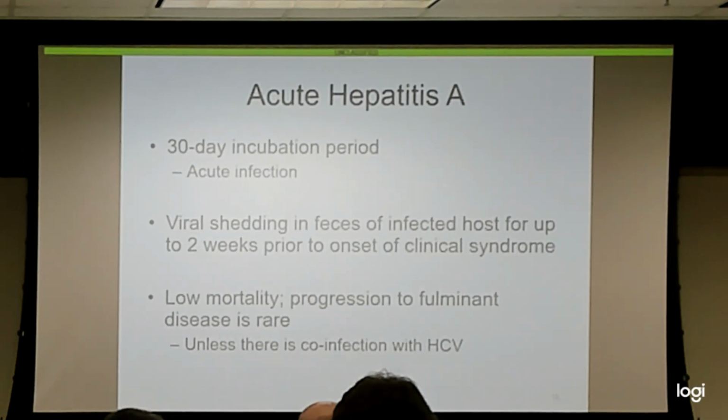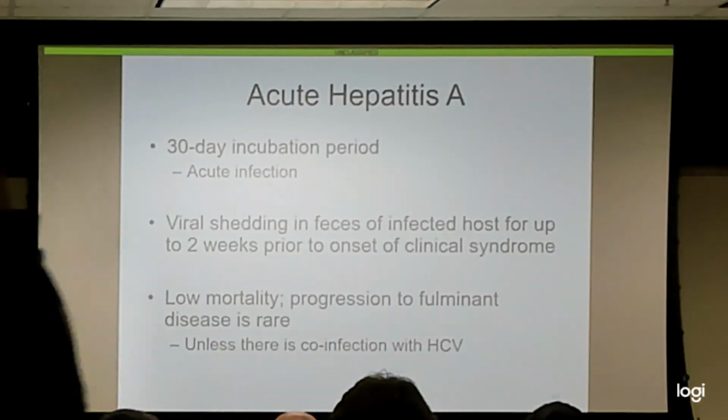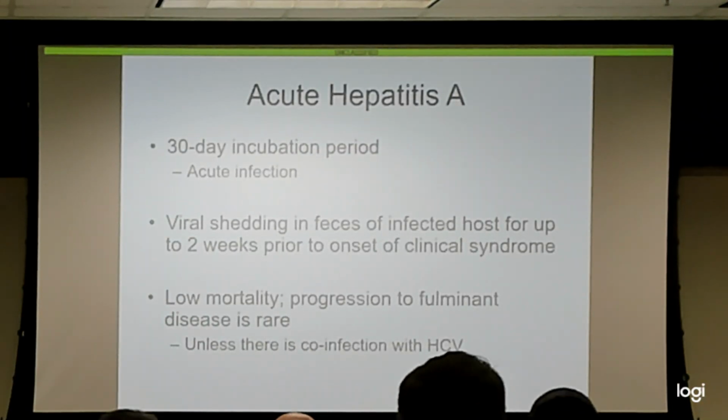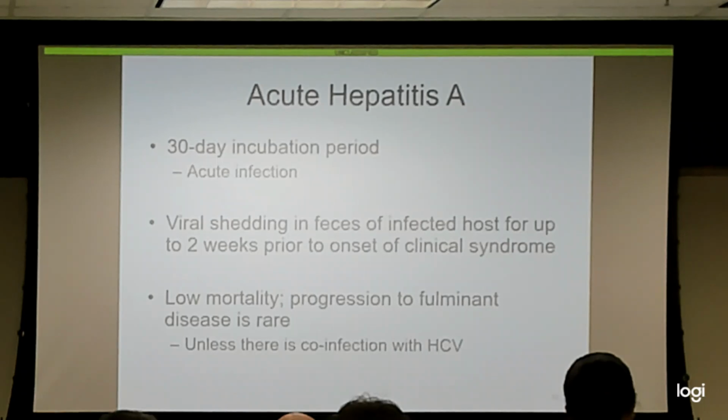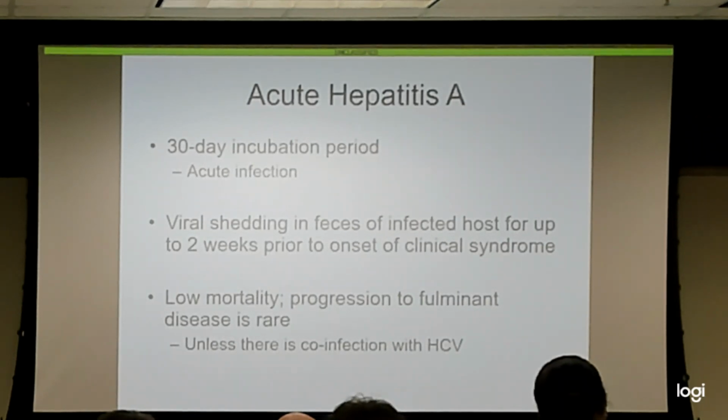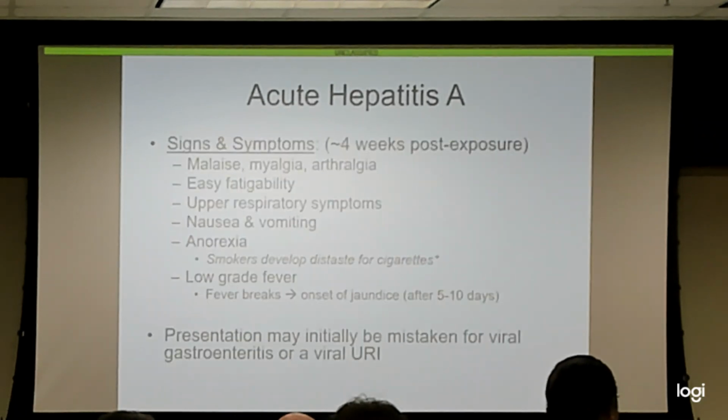It's got a 30-day incubation period, and it's an acute infection. It doesn't have a chronic infection. You've got viral shedding in the feces of infected hosts for up to 2 weeks prior to onset of clinical symptoms. It's got low mortality, but it can progress to fulminant disease, but that's rare. And if there's a hepatitis C co-infection, that increases the risk for fulminant disease.